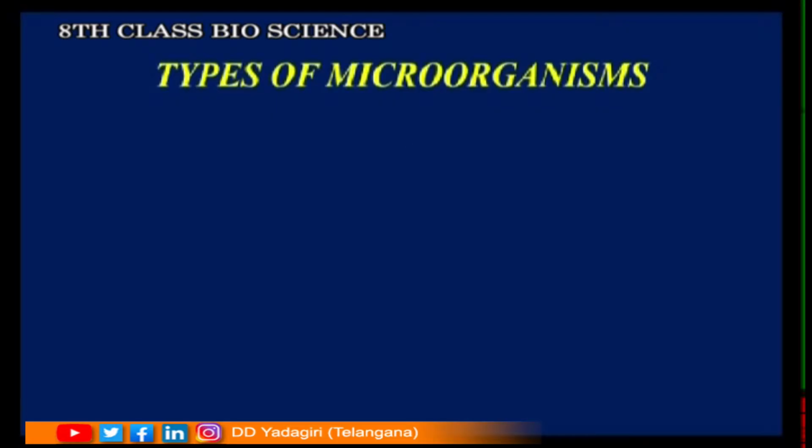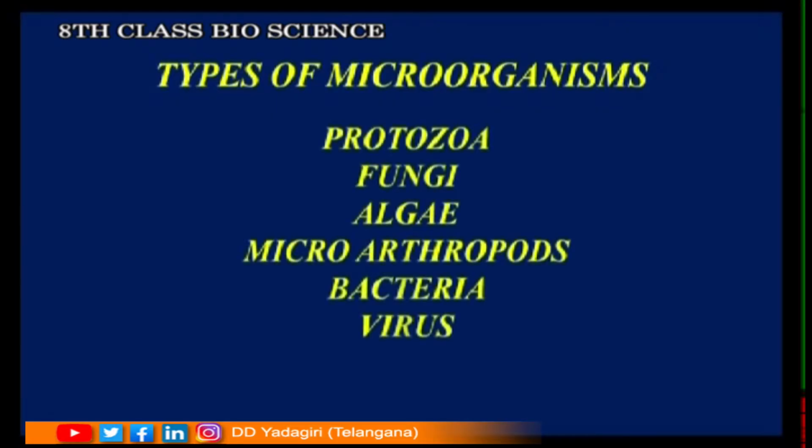We find mostly protozoans, fungi, algae, microarthropods, bacteria and virus. In this session, we will be studying about protozoans. Different pictures we will be seeing about protozoans, different types of fungi, different algae, microarthropods, bacteria and virus.